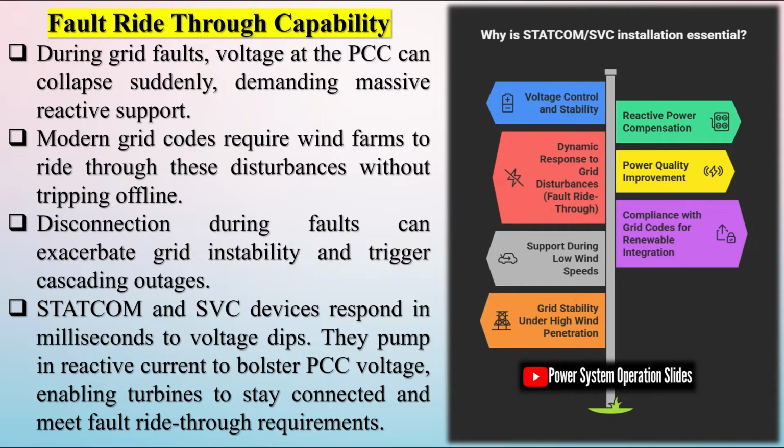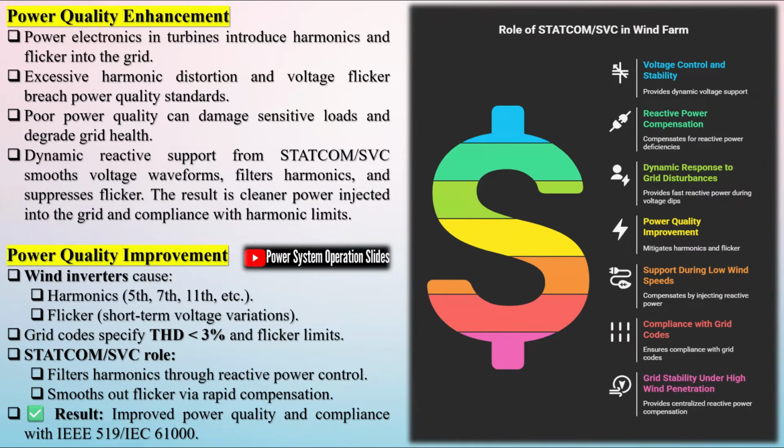Statcoms are a cornerstone of modern grid management. Their ability to deliver fast, precise reactive power makes them essential for voltage regulation, power quality improvement, and fault resilience. As power systems evolve to accommodate renewable energy and increasing demand, Statcoms provide the flexibility and control needed to ensure stable, efficient, and compliant grid operation.